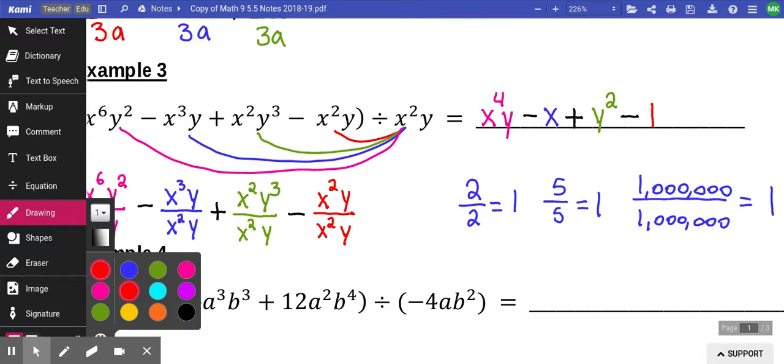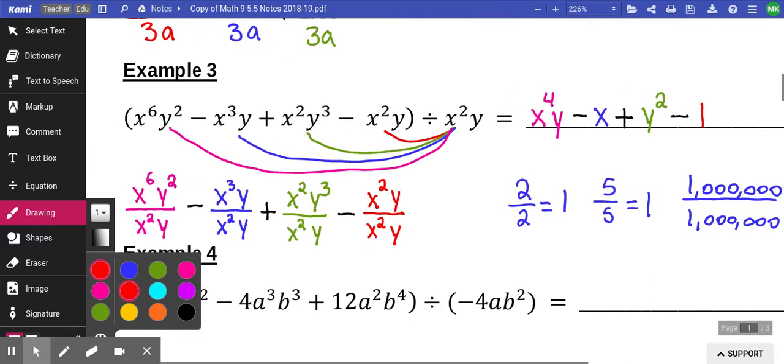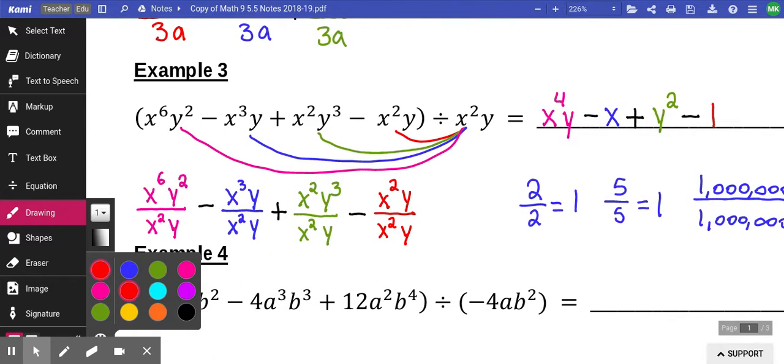Yeah. How come the second term, there was a y divided by y and we just can't do it? Oh, okay. Harper asked a good question. If you look at the blue term, the x cubed times y divided by x squared y, this one right here. She's saying, why don't we write anything for y divided by y? Okay, when I did my x's, x cubed divided by x squared equals x, that makes sense.